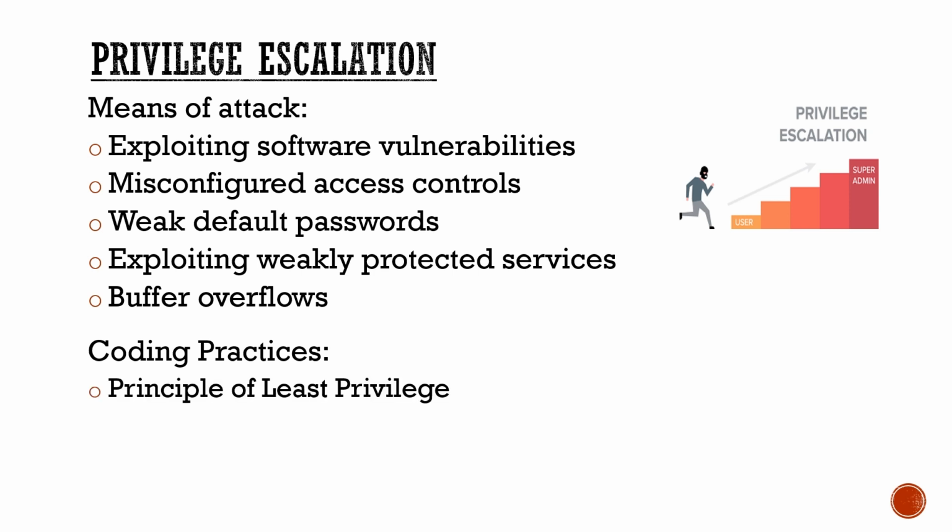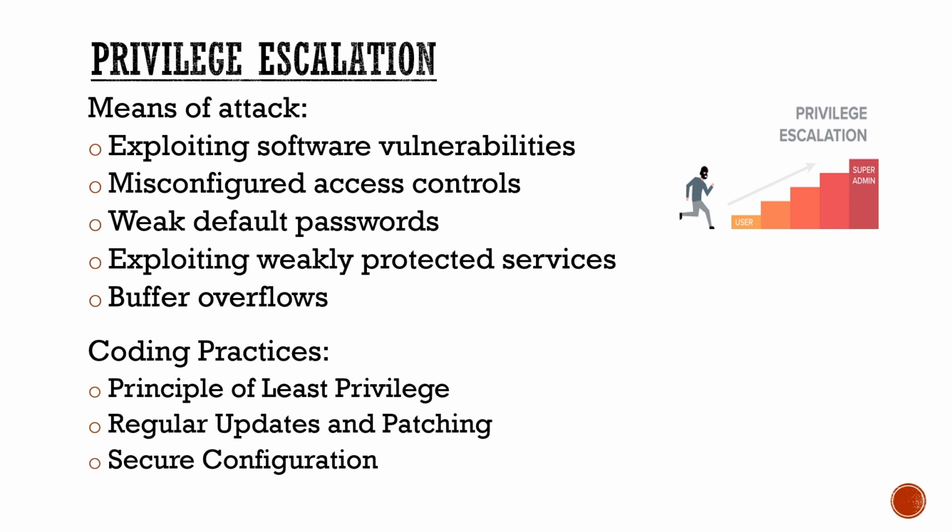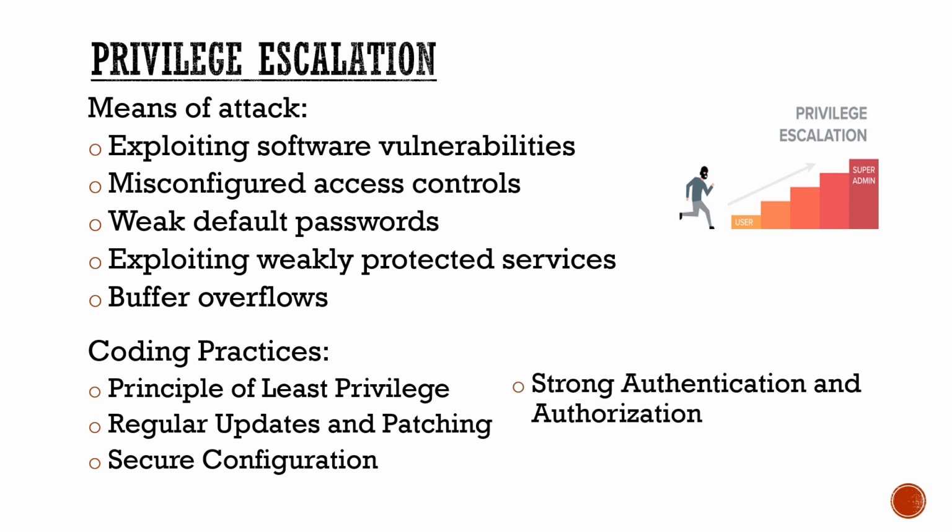Okay, so to mitigate this privilege escalation attack, here are some suggestions for implementing your applications. First is the principle of least privilege, regular updates and patching, secure configuration, strong authentication and authorization, and then auditing and monitoring.